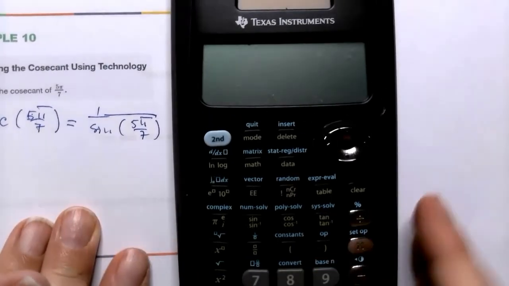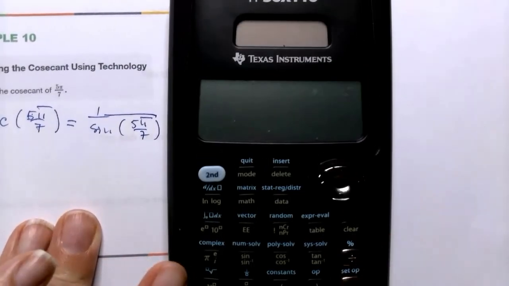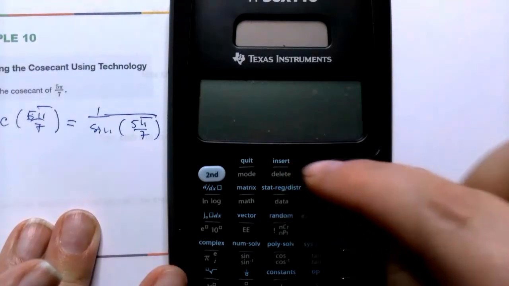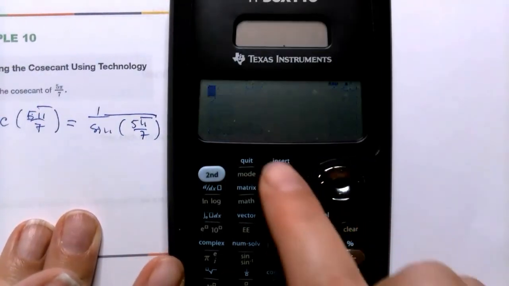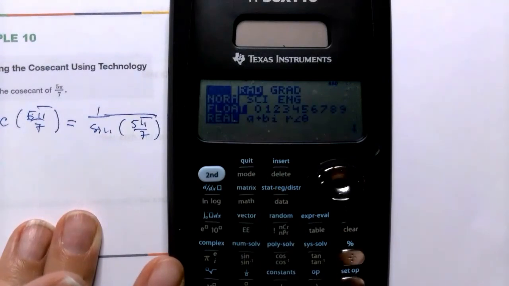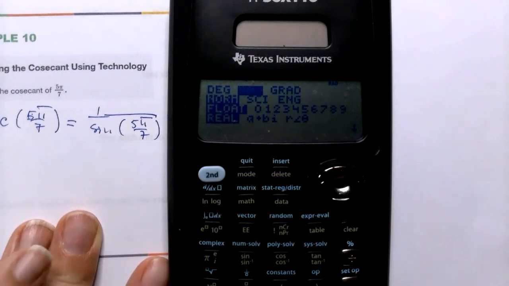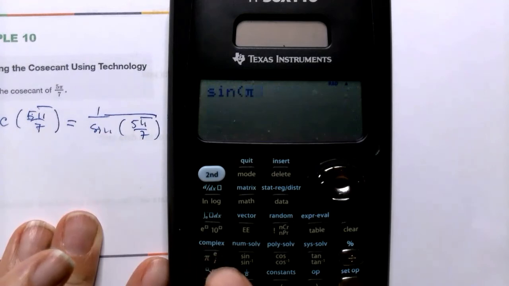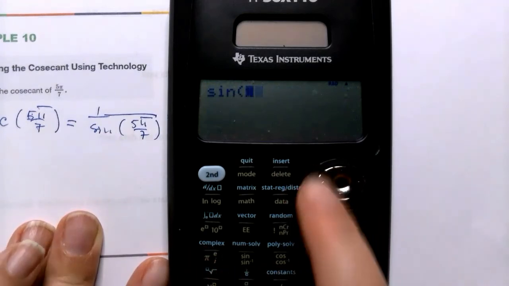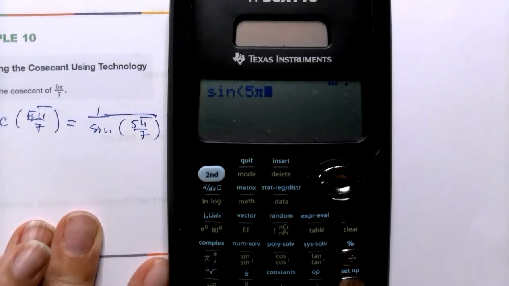First, let's make sure that our calculator is in radian mode. So go check your mode. And yes, we are in radians. Now I can find the sine of 5 pi divided by 7, close parenthesis.